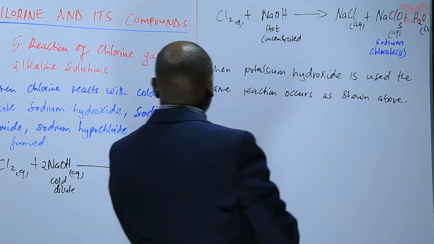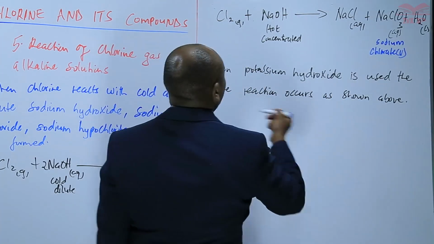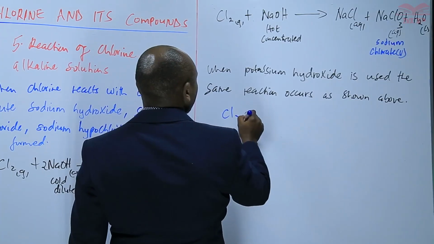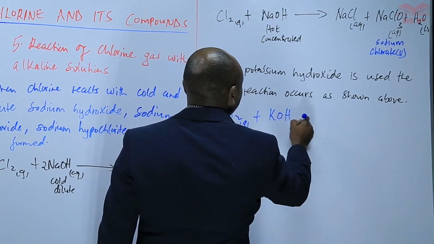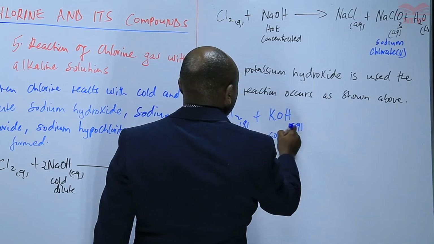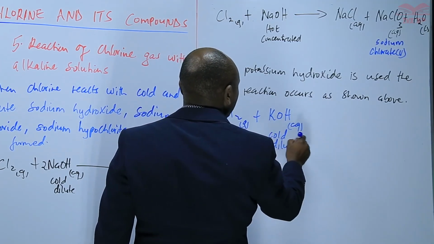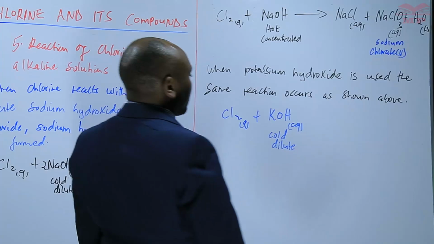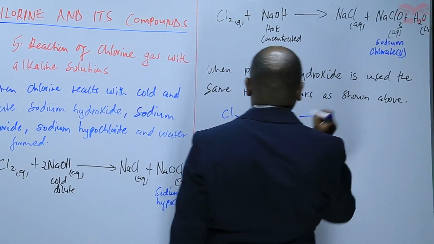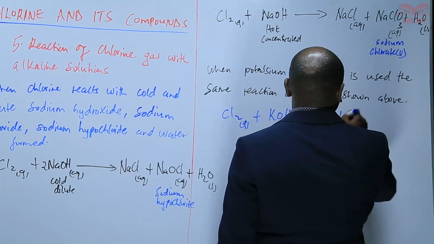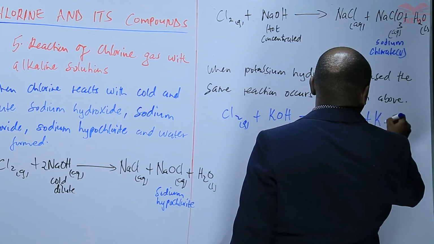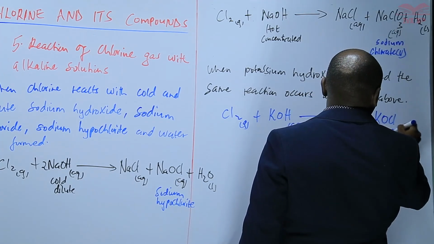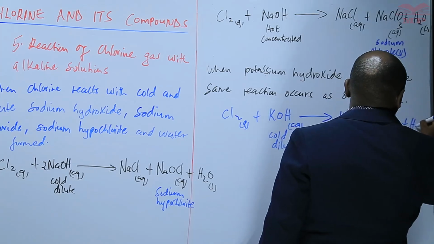So we can say that if we have chlorine plus potassium hydroxide, cold and dilute, then we'll have potassium chloride, potassium hypochlorite plus water.